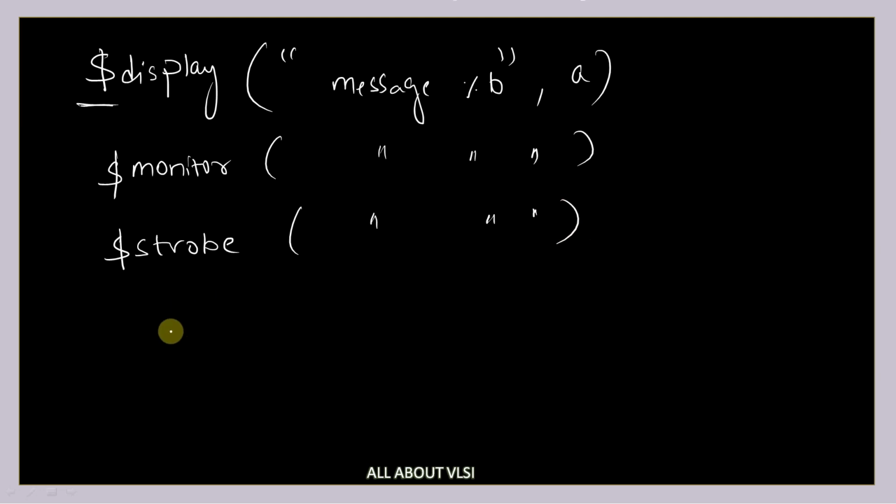For displaying binary numbers, you use the format specifier %b; for decimal numbers, %d; for hexadecimal numbers, %h; and for octal numbers, %o.